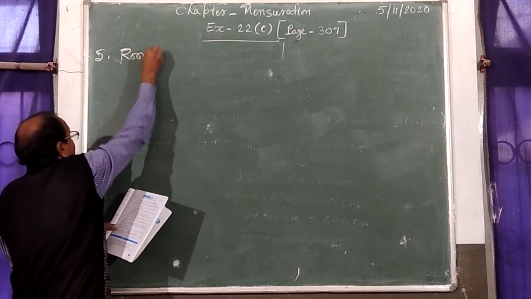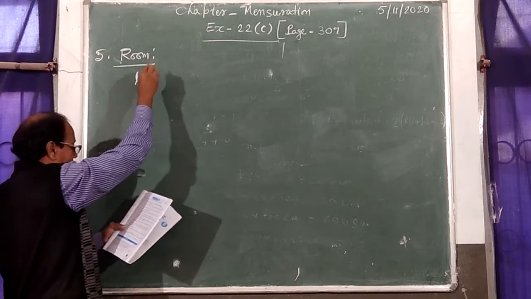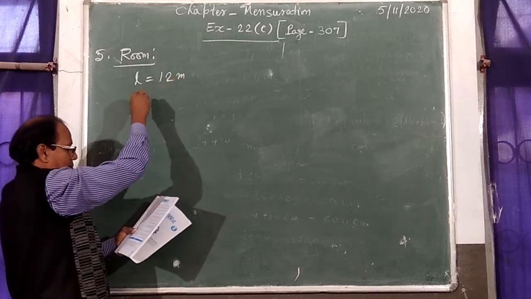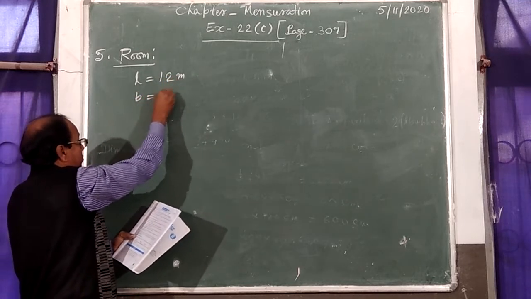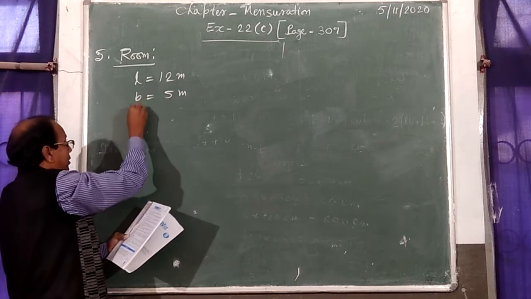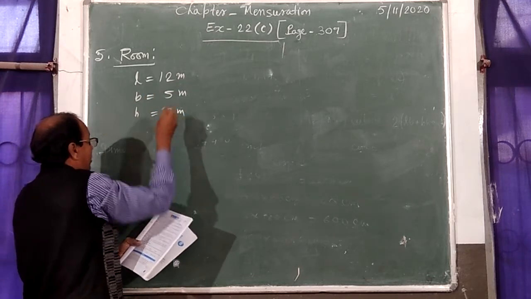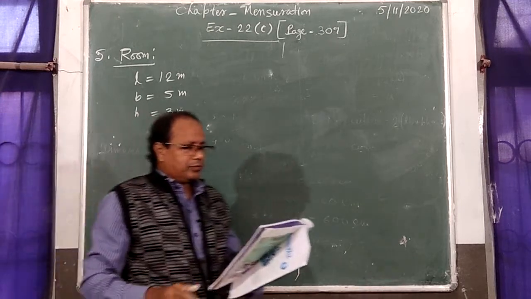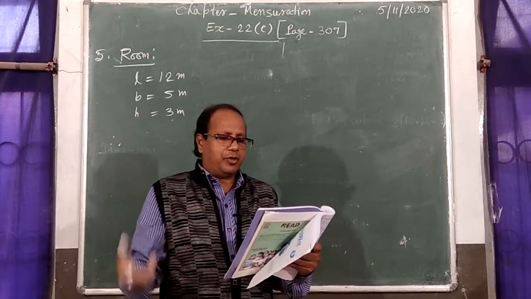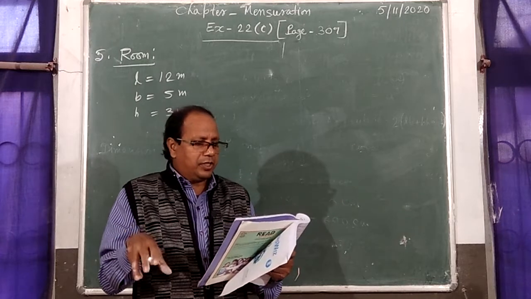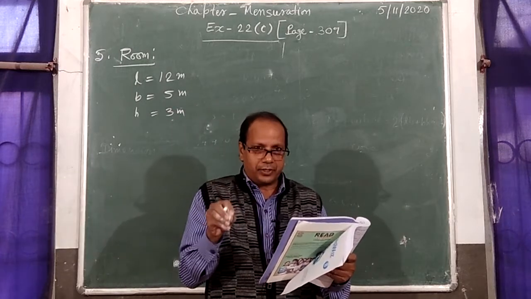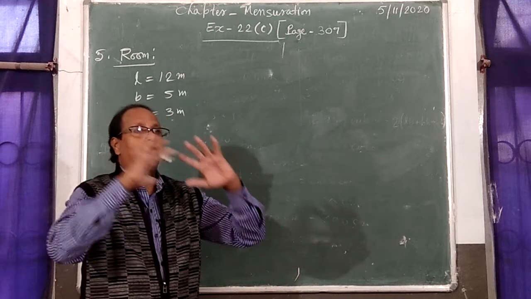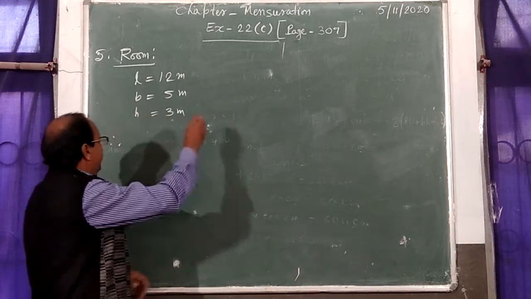Room length here 12 meter, breadth here 5 meter, height here 3 meter. So now, since we are going to discuss the number of pupils to be accommodated in the class using each of them 5 meter cube of air space, we need to find out the volume of the whole room or volume of the whole air.